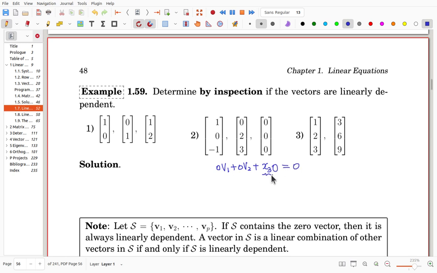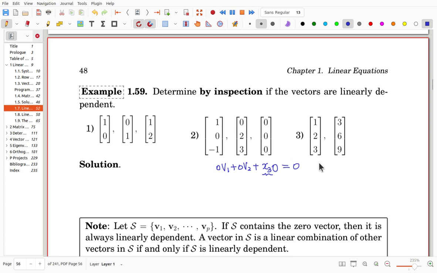So this is non-zero, so it has a non-trivial solution, 0, 0, some arbitrary number, and along with a non-trivial solution the combination is 0, so these three vectors are linearly dependent. So the conclusion is that once the zero vector is included in the set, then the set of vectors must be linearly dependent.